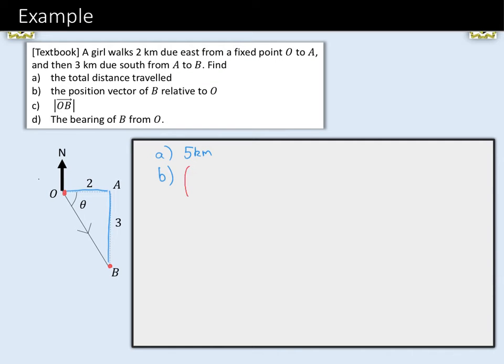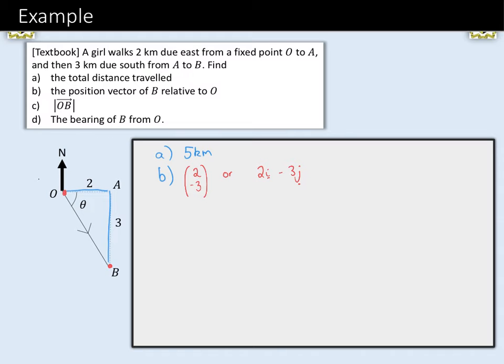So I've just got to go 2 to the right, and then 3 down. So I could write it like this, or I would probably write it like this, 2i minus 3j.